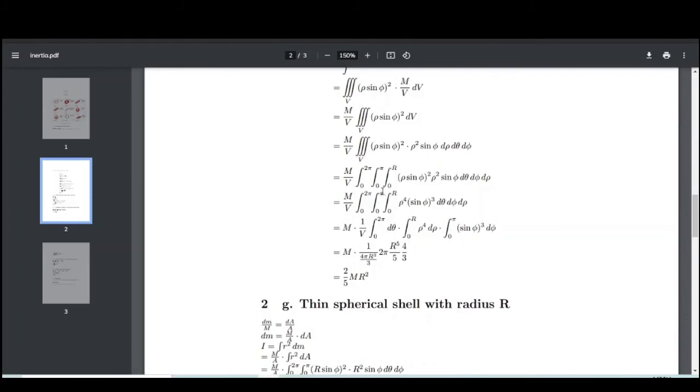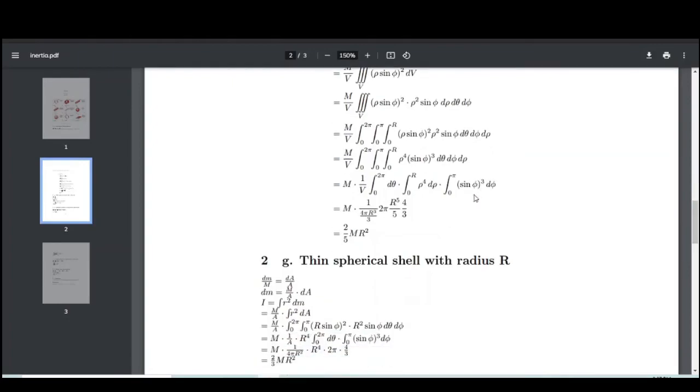And next, because it's a sphere, theta ranges from 0 to 2 pi, phi ranges from 0 to pi, and rho ranges from 0 to r. Okay, so I believe we found all of the ranges of our parameters.